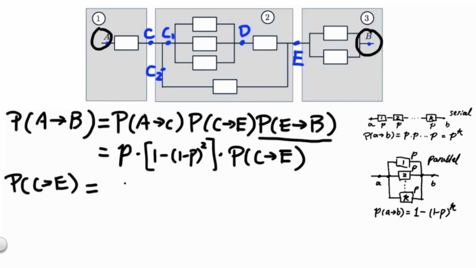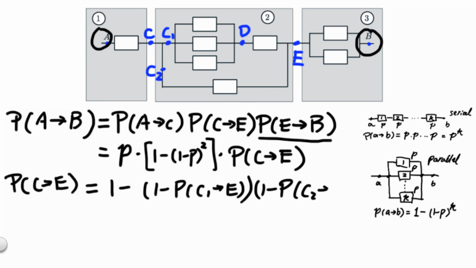And using the parallel law, we get this probability is 1 minus P of C1 to E, multiplied by 1 minus P of C2 to E. Note that I'm using two different characters, C1 and C2, to denote the same node, which is C. This is simply for making it easier to analyze two branches where they actually denote the same node.